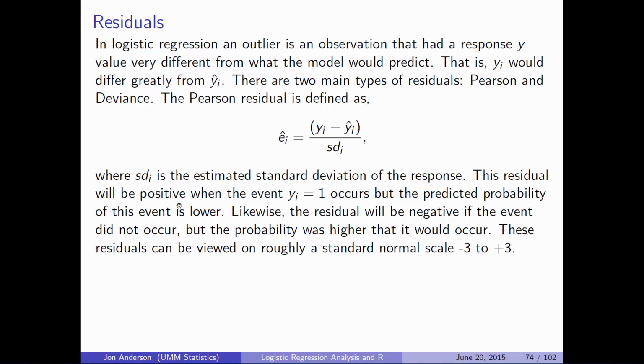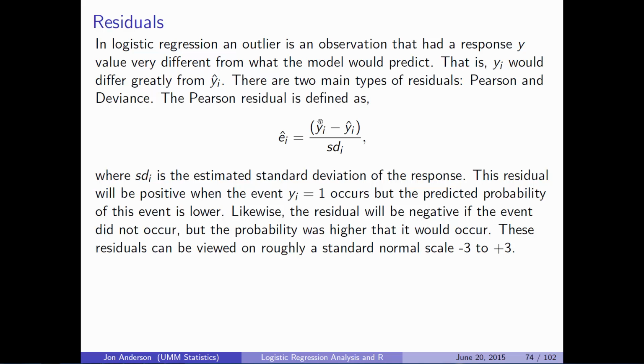Another way to understand problems and issues that might be going on with your data is through residuals. For logistic regression, it's a little bit more difficult because our response variable is either an event or a non-event. This y will either be a 1 or a 0.